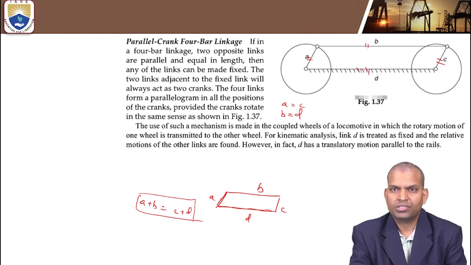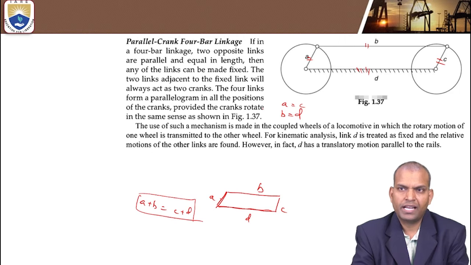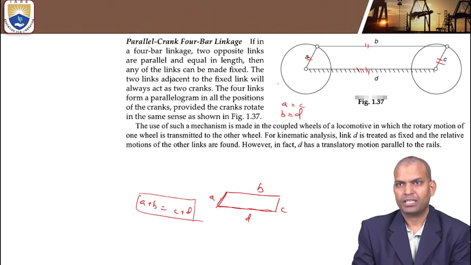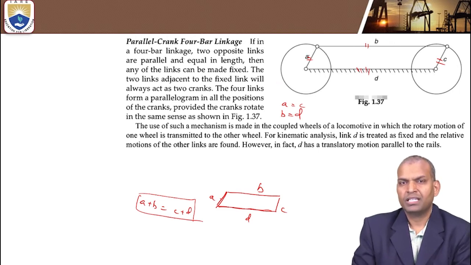The two links adjacent to the fixed link will always act as two cranks. What are the cranks here? A and C are the cranks. The four links form a parallelogram in all the positions of the cranks, provided the cranks rotate in the same sense as shown in the figure. Yes, that's what is like a parallelogram.